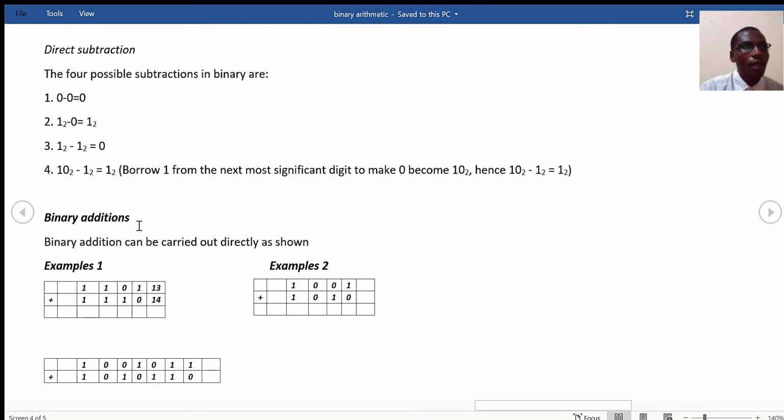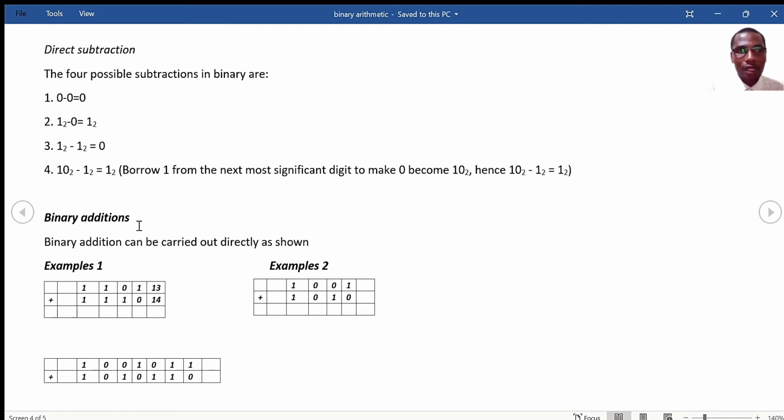Now you understand the basic rules of adding and subtracting binary numbers. Let us go now, in around 5 or so minutes, and do binary additions. As I introduced above, it can be done directly, not like subtraction, which you have to use 1's complements or 2's complements.